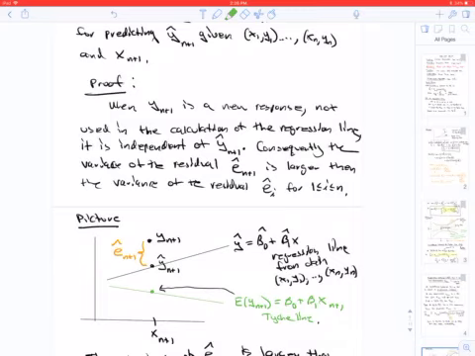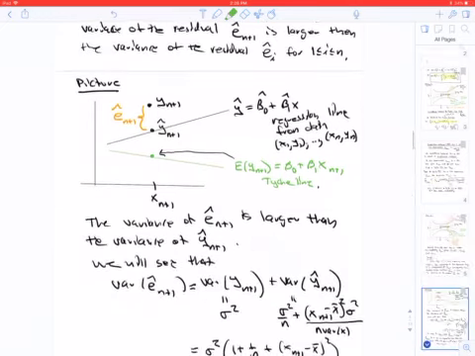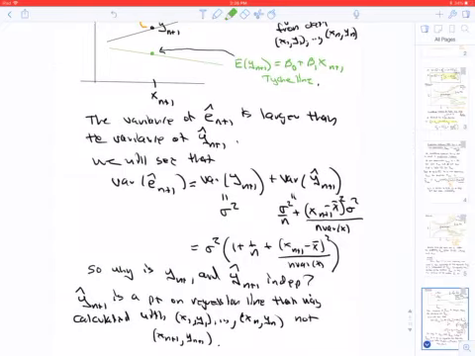So the proof of this basically comes down to the fact that the variance of the residual for your new observation is larger than the variance of a residual if your data is an old data point. And I think I explained this pretty well here.